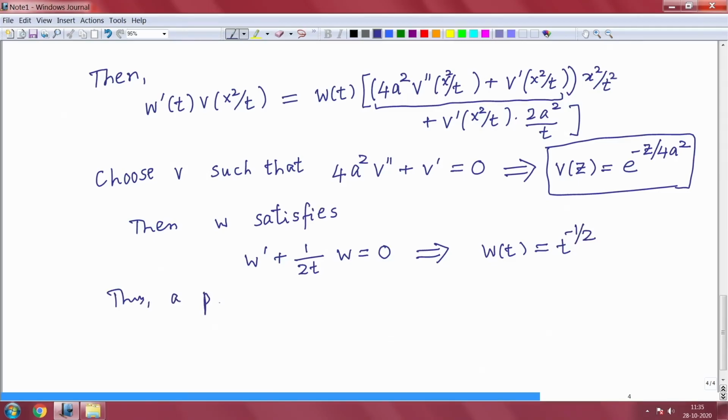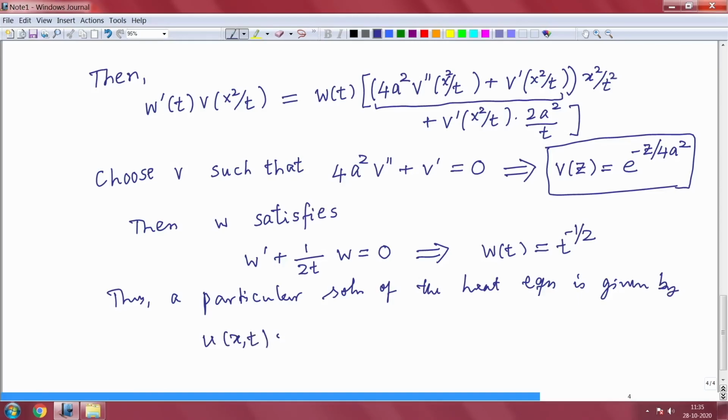A particular solution of the heat equation is given by u of x, t equal to w of t times v of x square by t, and now you replace z by x square by t.